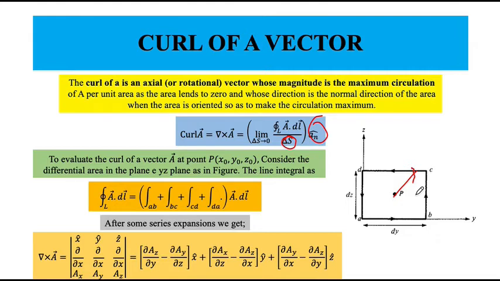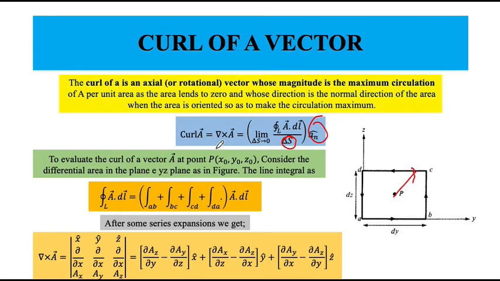I'm not doing the derivation because it's very time consuming, so you can go through that in your mathematics subject to see how you can derive it. So this is the curl of a vector.